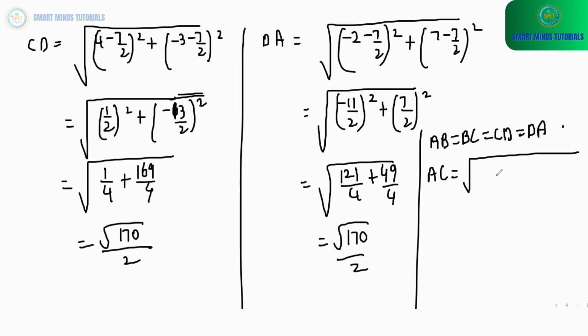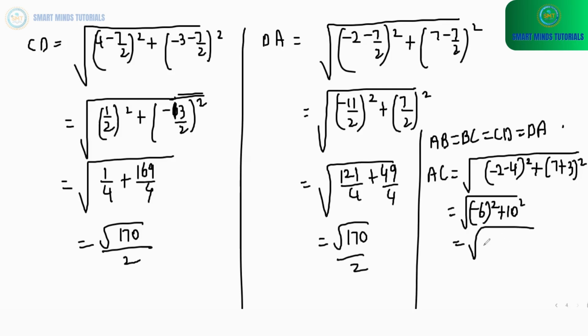So AC is root over (minus 2 minus 4) whole square plus (7 plus 3) whole square. That is equal to root over minus 6 whole square plus 10 square, that is 36 plus 100, which is equal to 136. You got the AC value. Now we need to find BD.